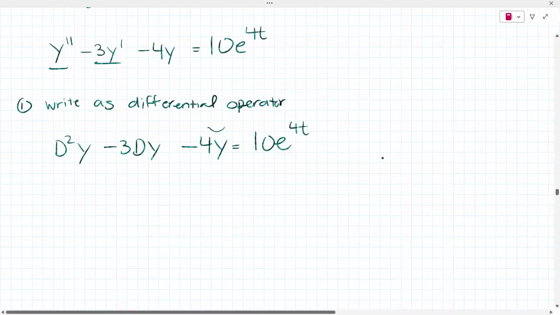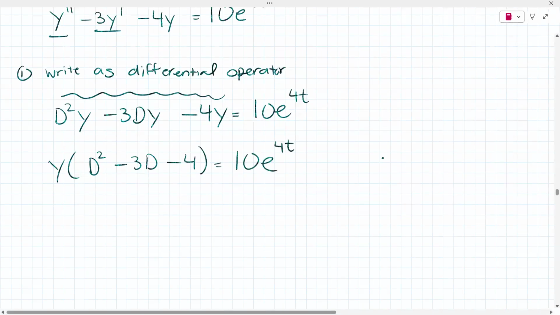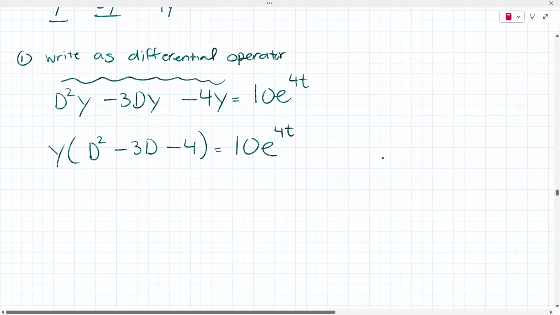Okay, and then on the left side of this equation, what do they all have in common? They all have a y, so you can factor out a y. So that's going to be D squared minus 3D minus 4 times y equals 10e to the 4t. Okay, then what you would do is solve the homogeneous equation.